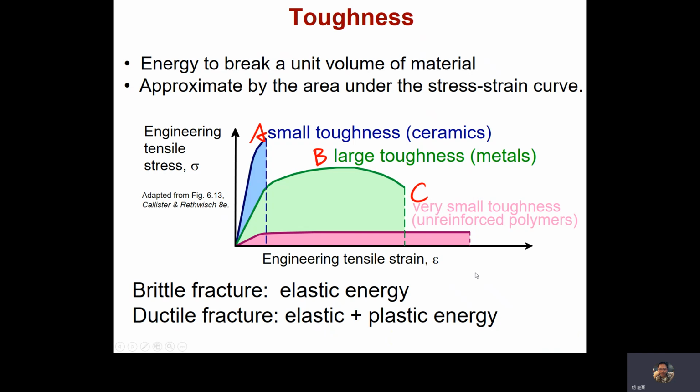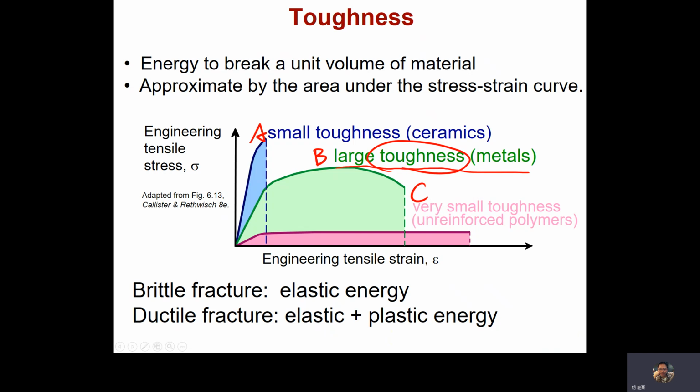Of course, the metal is the most suitable material for manufacturing a car. Why? Because it has the highest toughness.